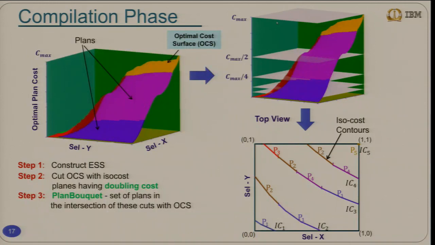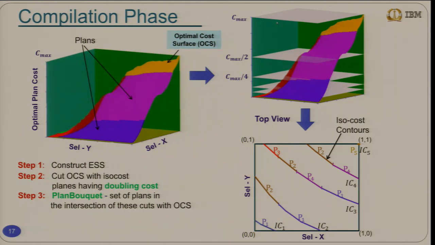So every region with a particular color, that is, the same plan is optimal in all those regions, okay, and that is the cost it is going to take, this particular axis, and then you do it all the way up to the last location where the selectivity is 1 for every dimension, okay.